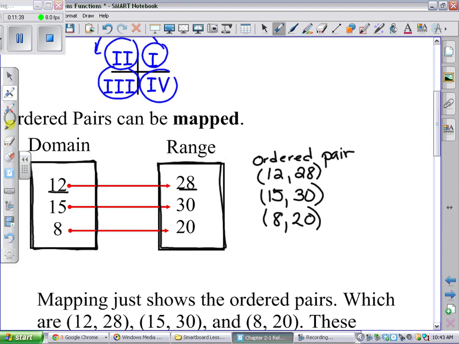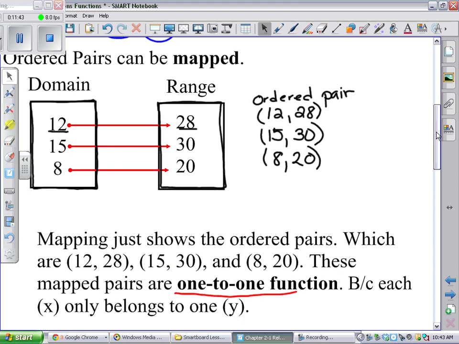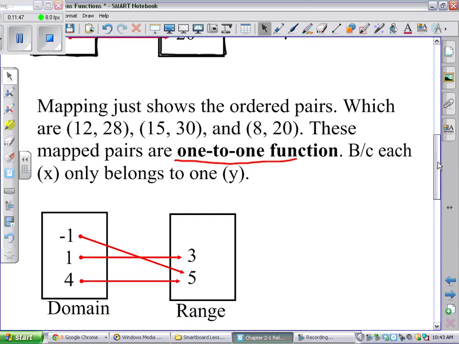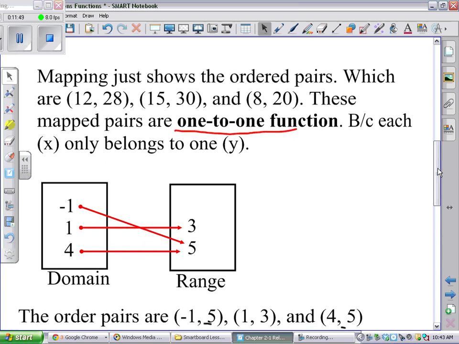Pretty basic. Because there's exactly one x for every y, we call it a one-to-one function.